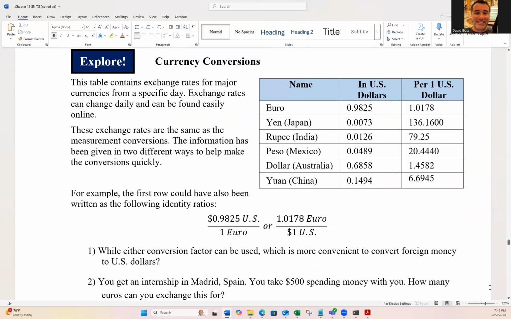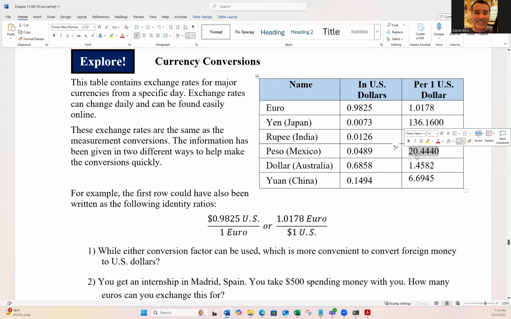All right, currency conversions. I think this is the last thing we're going to talk about. So these are your currency conversions. 1 euro is $0.9825, or $1 is 1.0178 euros.